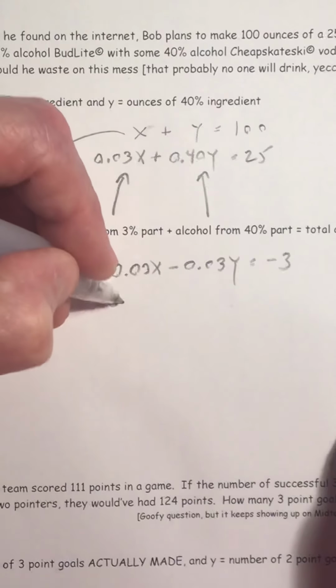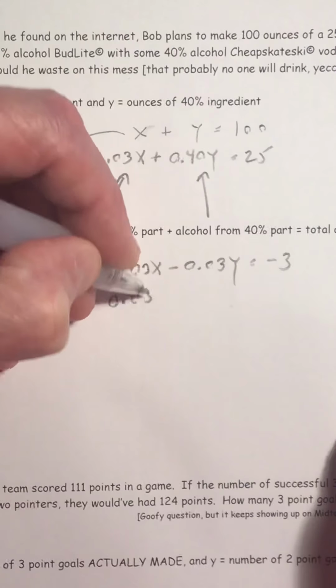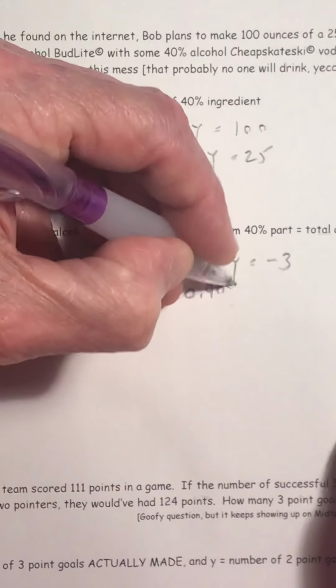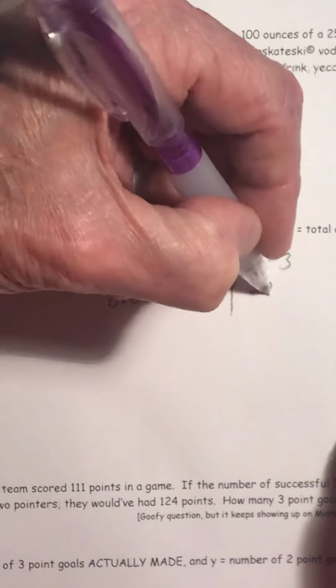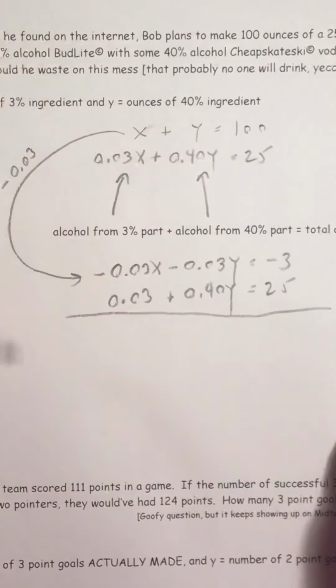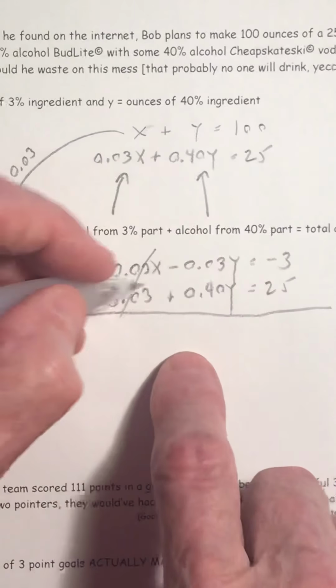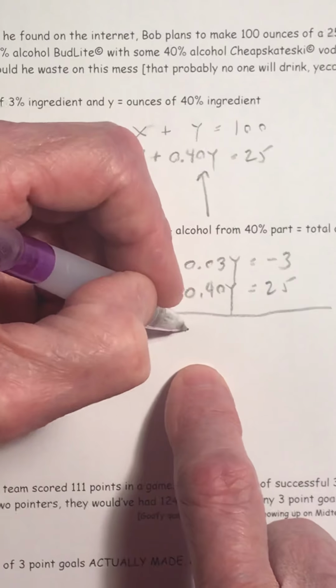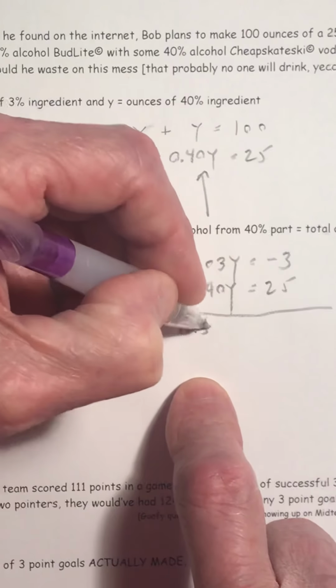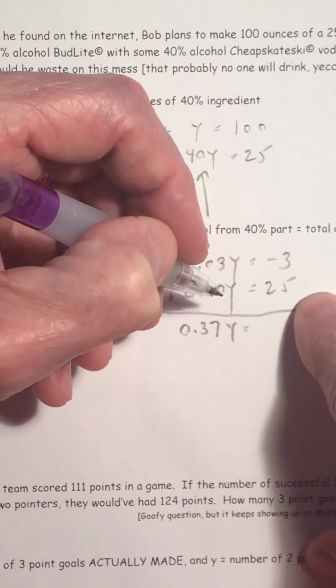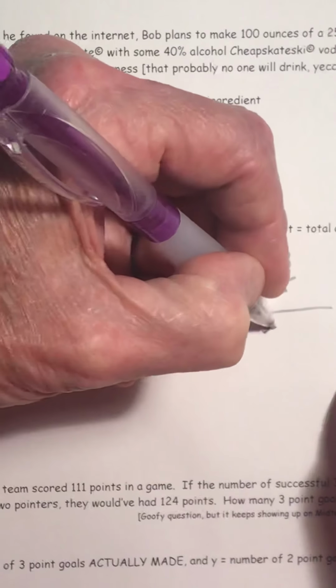Just copy the second equation, 0.03x plus 0.40y equals 25. And then when we add the columns, the x disappears, as was the plan. We get 0.37y equals negative 3 and 25, that's 22.